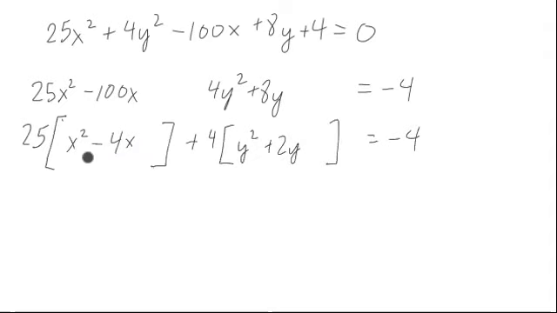So continuing on, x squared minus 4x is replaceable with x minus 2 quantity squared. But in order to make that replacement, we've added something. We've added 4, which is negative 2 squared, because if you expand and multiply this out, you'll get x squared minus 4x plus 4.